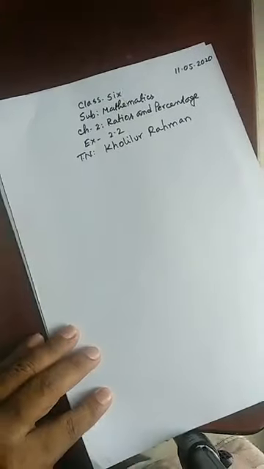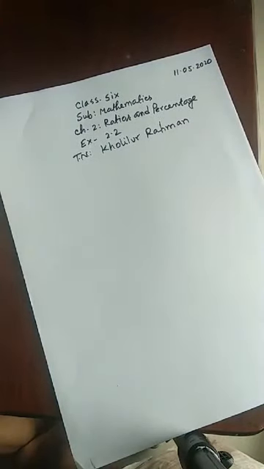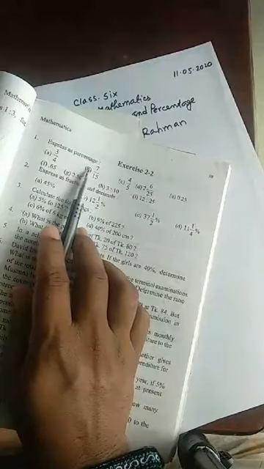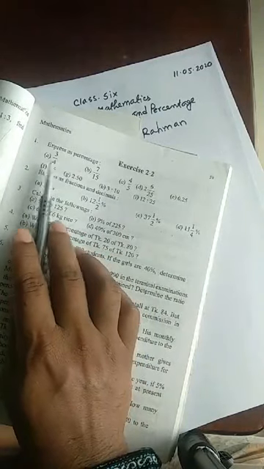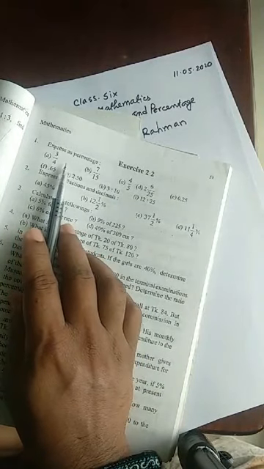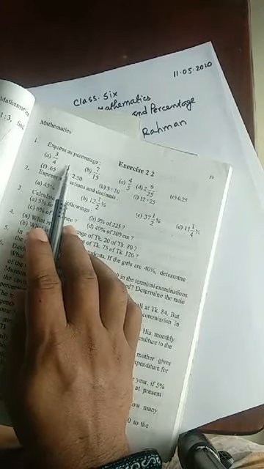So you see the first one from exercise 2.2, express as percentage. Number A, 3/4, you have to convert it into percentage. There are different ways I am showing, one by one.